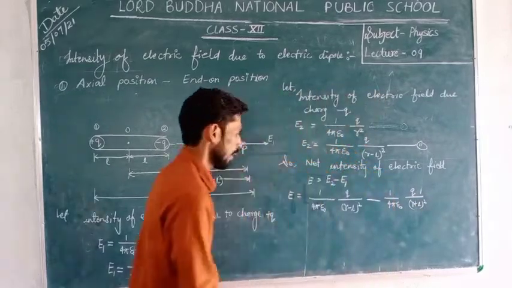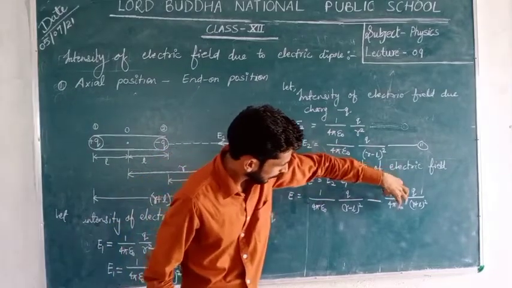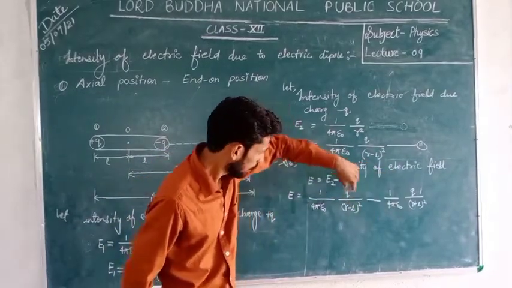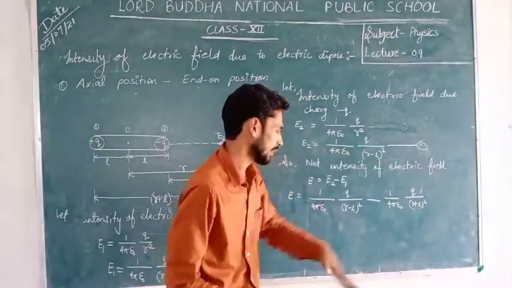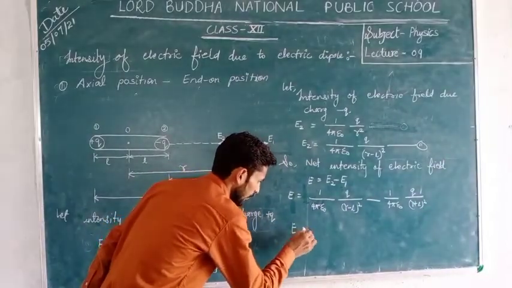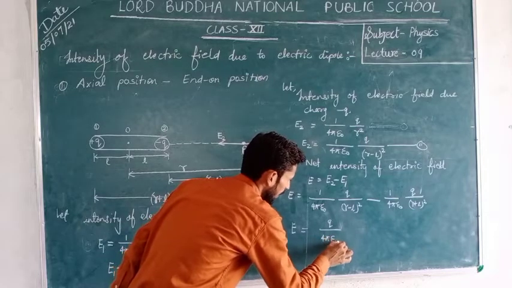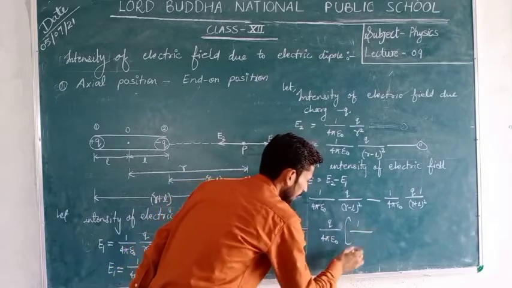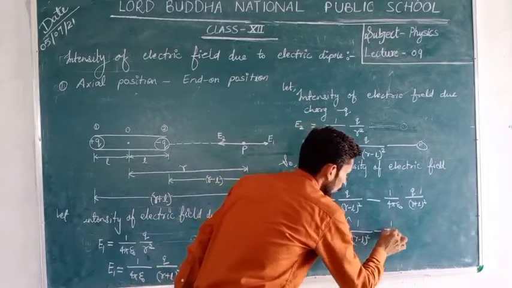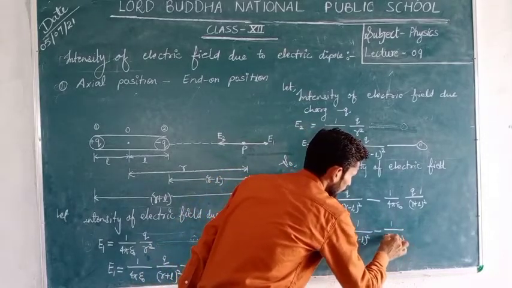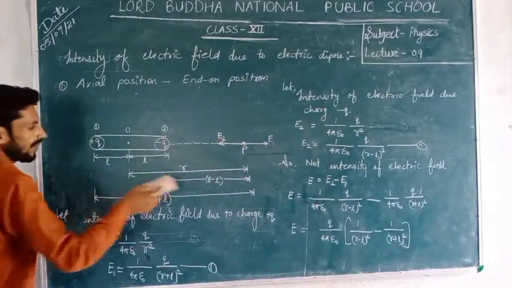We can see 1 upon 4 pi epsilon naught is present, and q is in the first term as well as in the second term. So we can take common q upon 4 pi epsilon naught in bracket 1 upon r minus l whole square minus 1 upon r plus l whole square. In the next step, we can solve it.